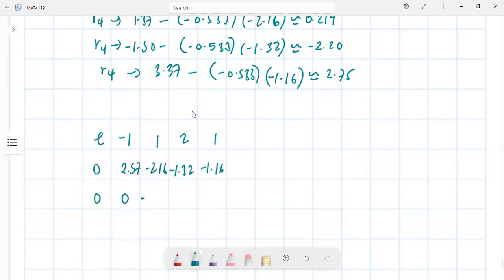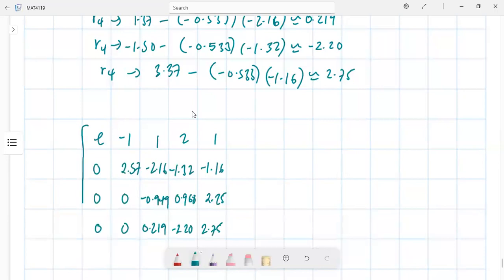You have negative 0.949, you have 0.968, and you have 2.25. Okay, 0, 0. So this row here, 0.2919, negative 2.20, and then you have 2.75. Okay, so this is our new matrix.